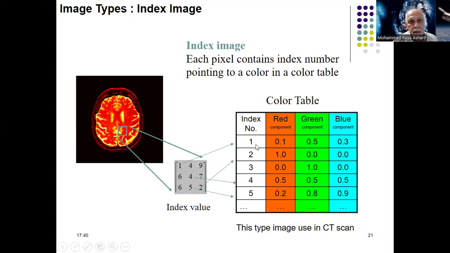So if it is 1, it's here. If it is 4, it's here. If it is 9, it should be here, or 6, 5 is this one. So this is 4. This is the address, and this is the data representing the color index image, for each pixel.